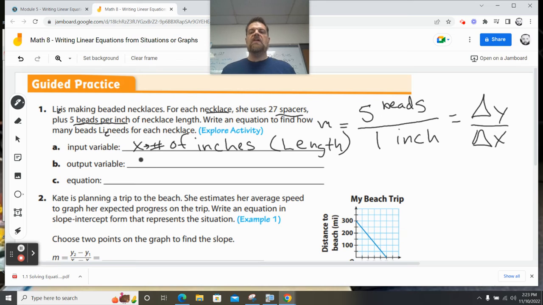And then the output variable is y. Y is the total number of beads. And so how do I write that equation?